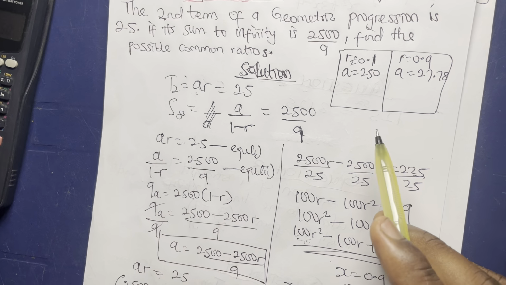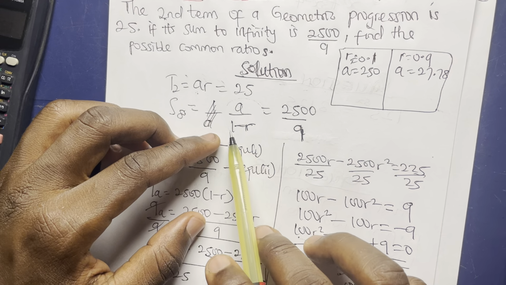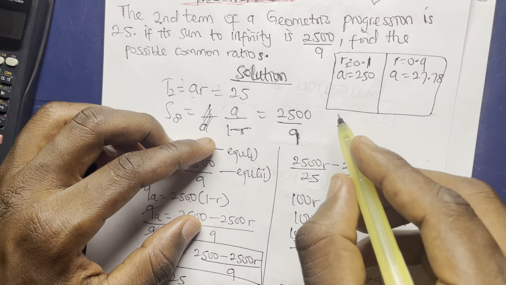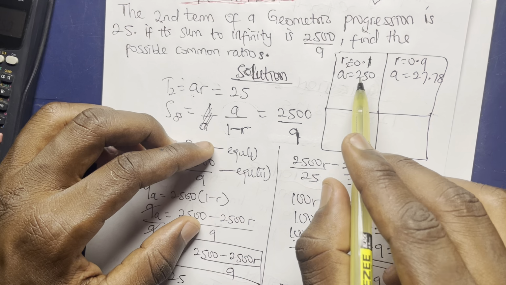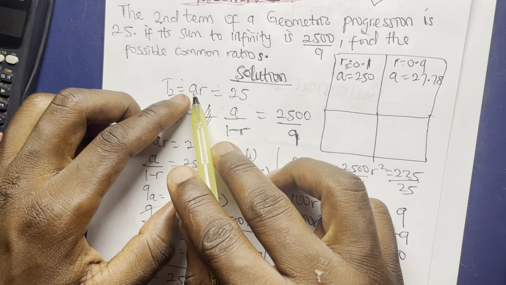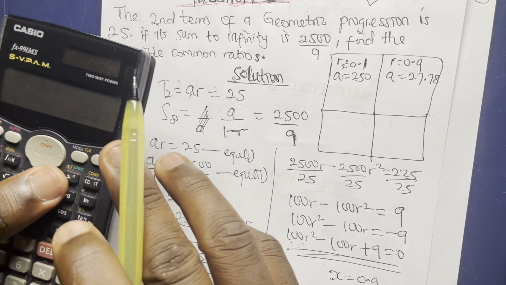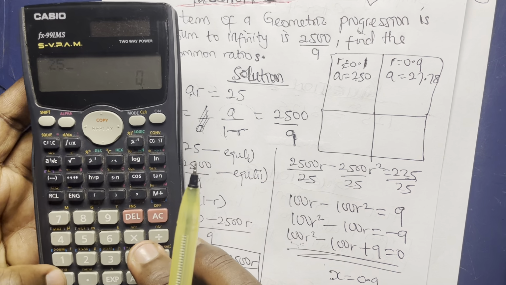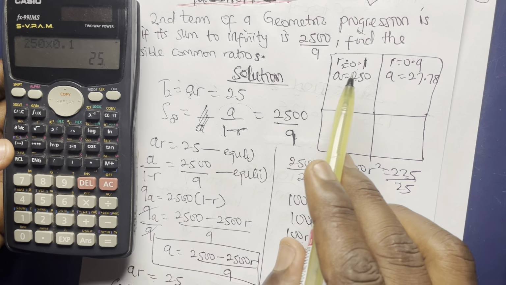Now if we substitute these values into the expression, is it giving us the result? Let me try the first one. A is 250 times r is 0.1. 250 multiplied by 0.1 is 25, which is correct.